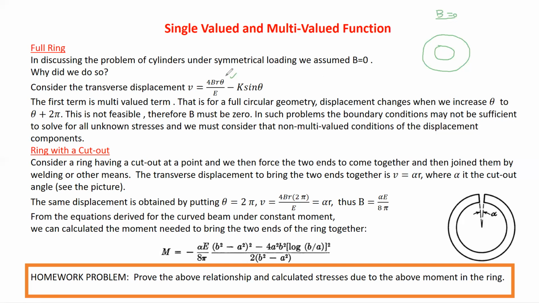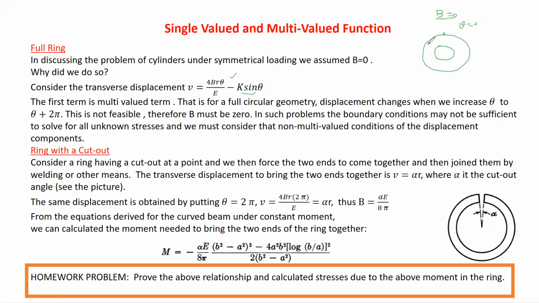Because that expression would give you a multi-valued displacement. So if I get the displacement here for theta equal to 0 from that expression, I have this term, which is 0. I get a 0 displacement here.